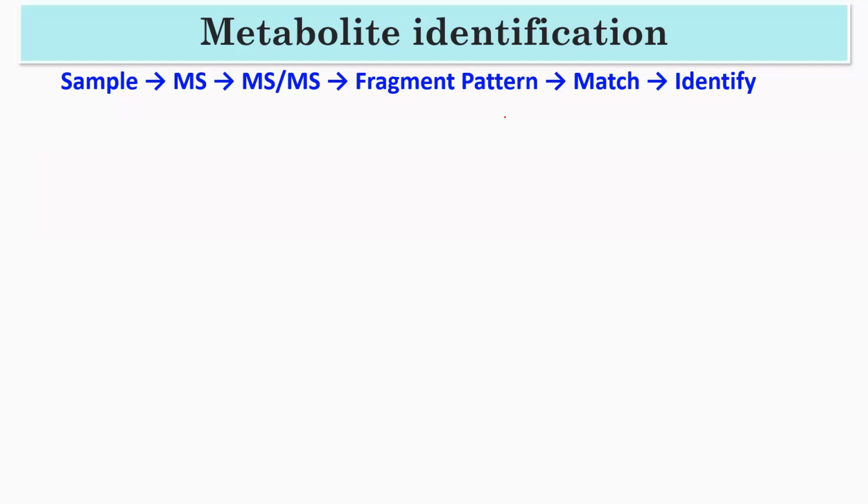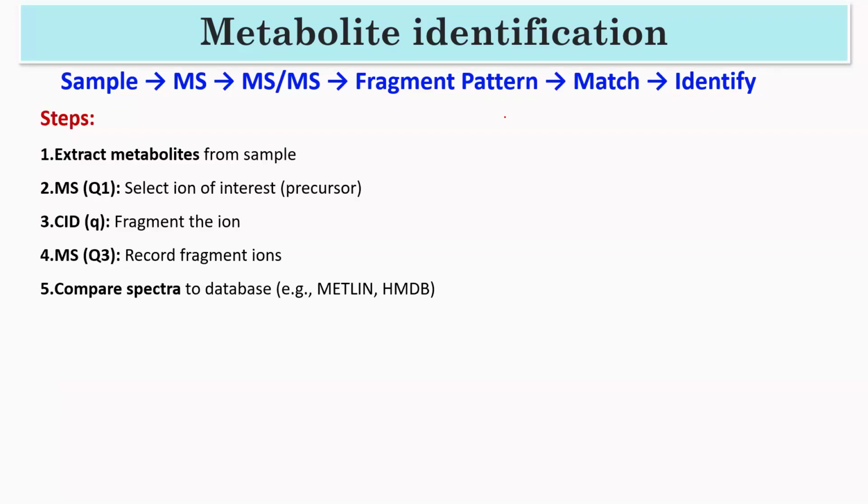You can also use it for metabolite identification. Suppose you extract metabolites from a sample and send them to MS with quadrupole one. Select the ion of interest, whatever ion you think is important, and send it for fragmenting in the collision cell.